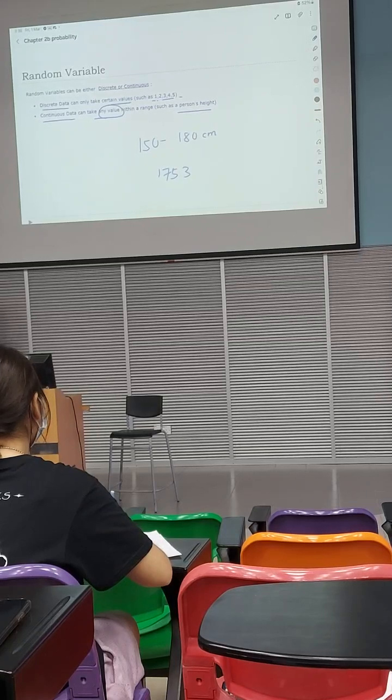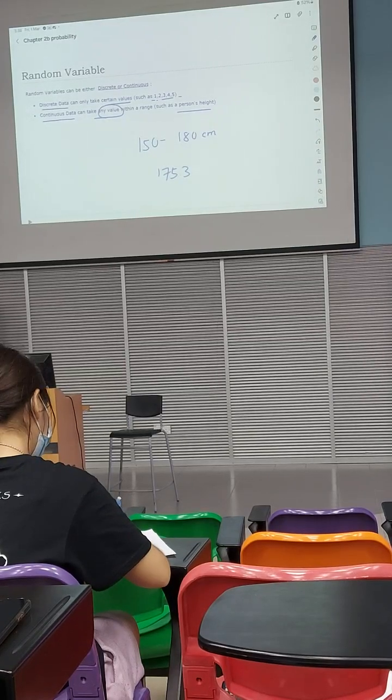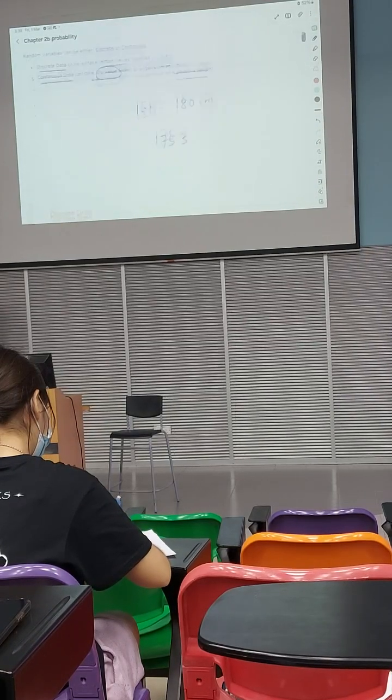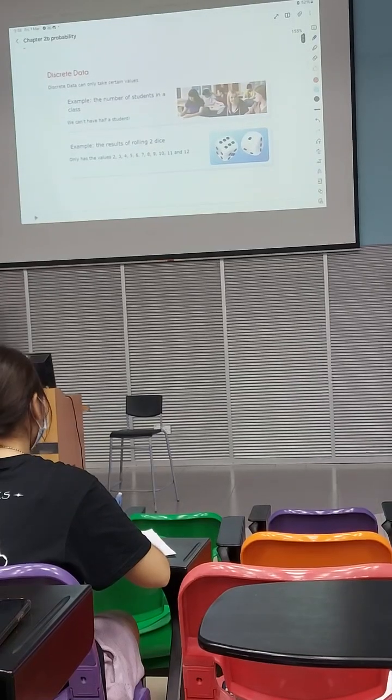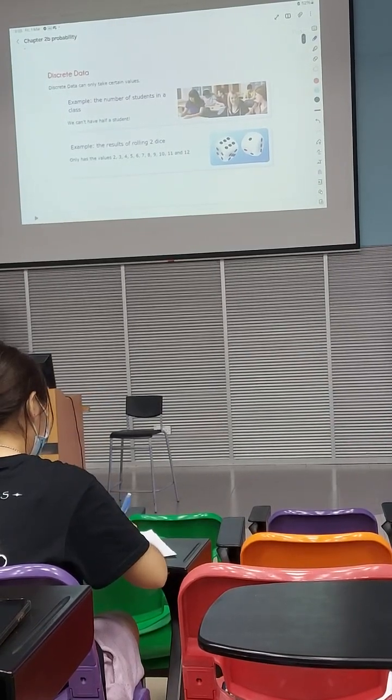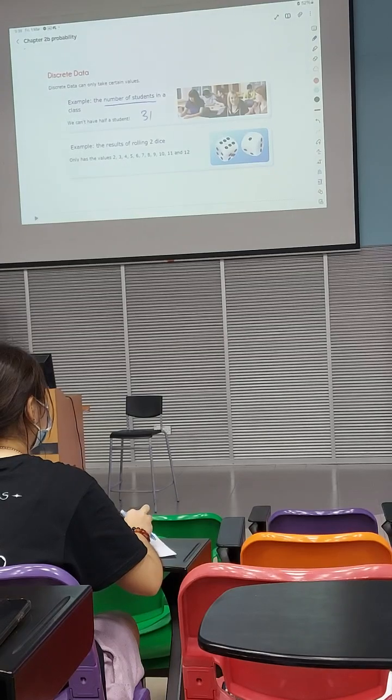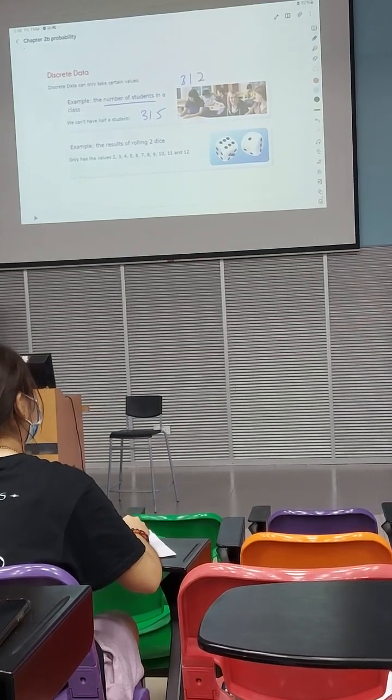Alright, there are two types of random variable: either discrete or continuous. Again, for discrete data, an example is the number of students. I cannot say that we have 31.5 students, or 31.2 students.